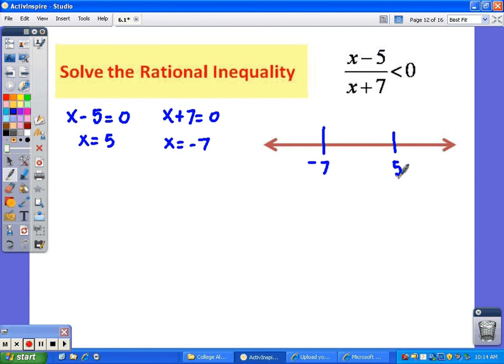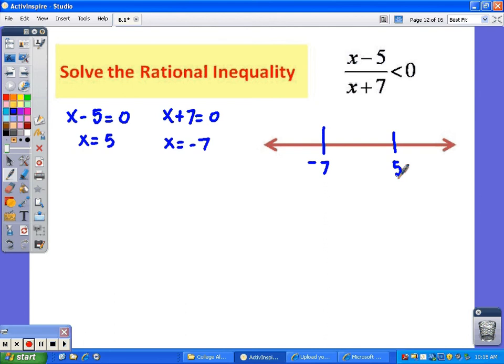Now what this does is it divides our number line into 3 parts. All the numbers to the left are less than -7, all the numbers between -7 and 5, and then all the numbers to the right of 5. Now we need to pick one number in each one of those intervals and test it to see if we would get a positive or negative answer.